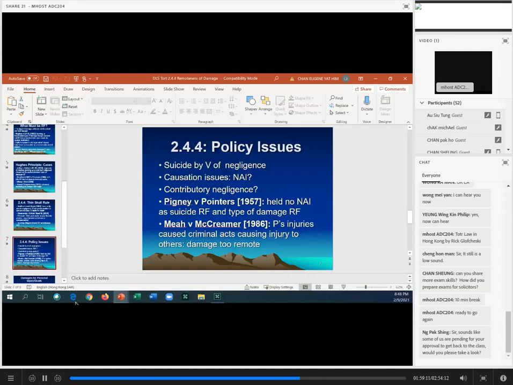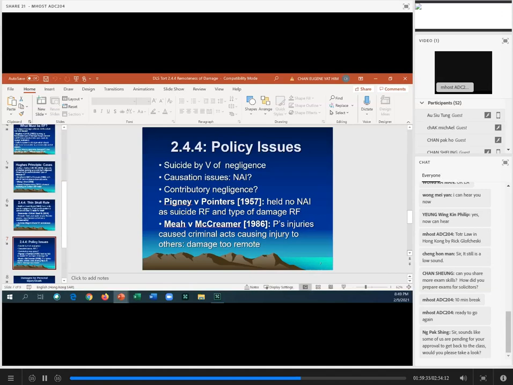Also, with regard to policy issues here, and these deal with the so-called thin skull rule and policy issues, it mentions a case back on page 67, Pigney v Pointers. The plaintiff's husband sustained severe head injuries as a result of the negligence of the defendant.